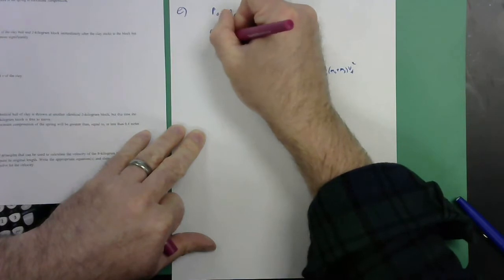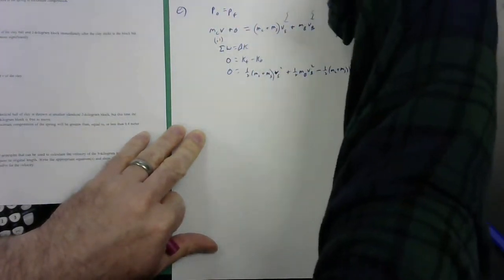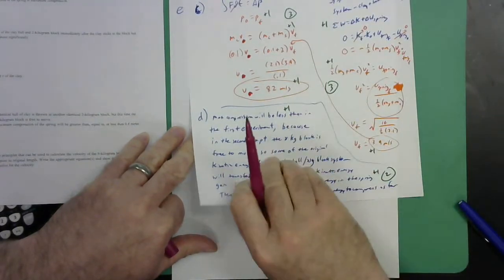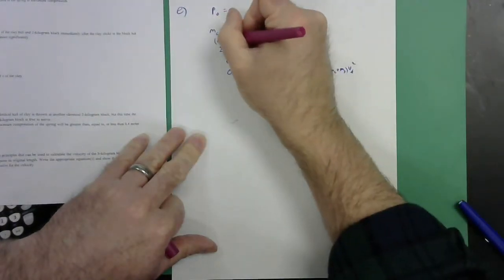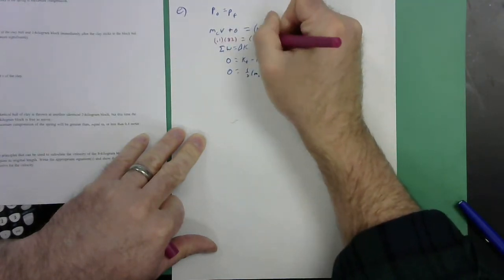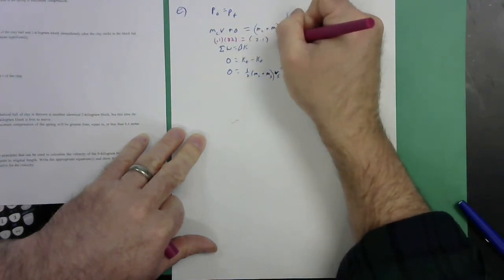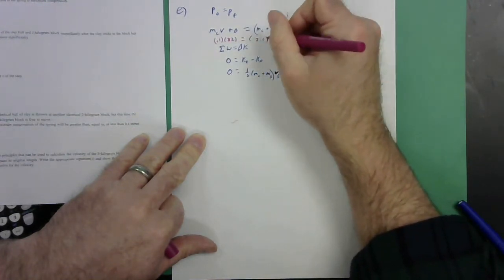Mass of the clay is 0.1. Its initial velocity, we figured out before, was 82 meters per second. On the other side, I'm going to have the clay and the small block, that's a 2.1. Hope they're okay with me writing it combined.